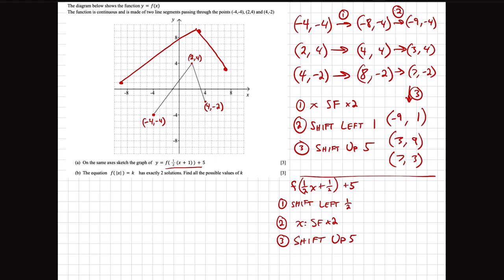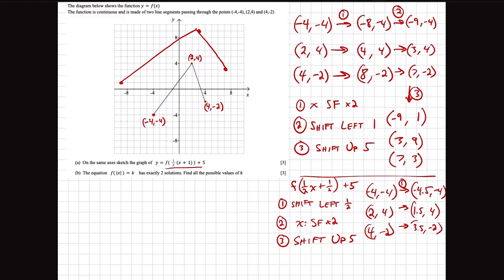So again, if we started off with -4, -4, and 2, 4, and 4, -2. Our first transformation is going to make our -4 a -4.5. Our positive 2 becomes 1.5, and our 4 becomes a 3.5.